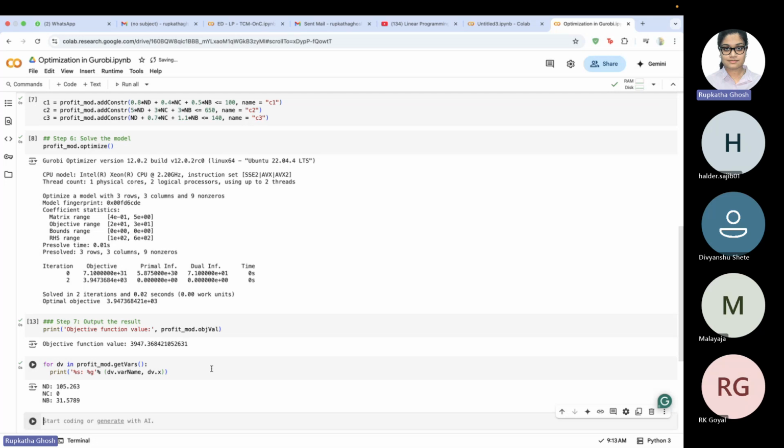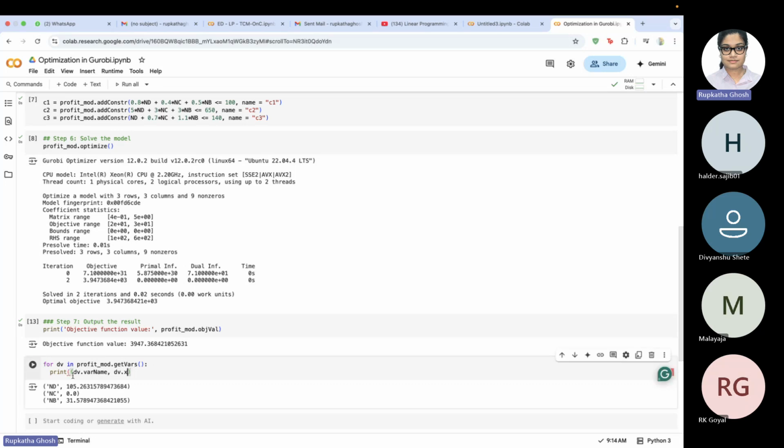Now percentage S is for, can anyone tell me what this means? String. Yes, exactly. It is a string placeholder that I've used. In case you're not even writing this, like this, I'll just show, you will still be getting the values. Anyway, this came out as tuples because I specified it like this.